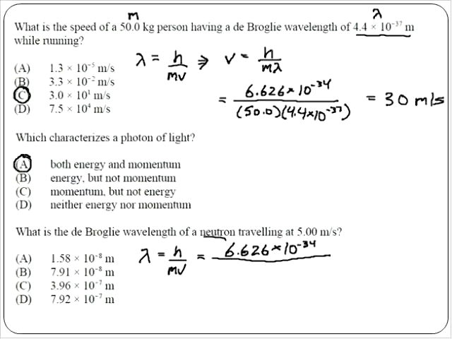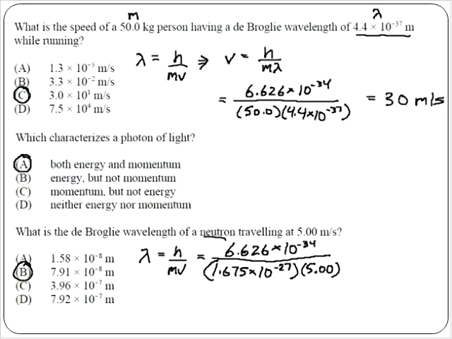According to your data sheet, the mass of a neutron is written there as m subscript n, mass of neutron, 1.675 times 10 to the power of negative 27 kilograms. That's the mass of an individual neutron, and we're told it's traveling at 5.00 meters per second. When you do that calculation, that equals 7.91 times 10 to the negative 8. So there's your answer right there.